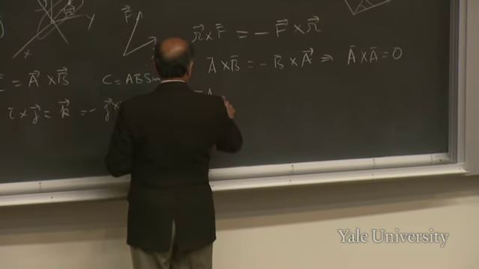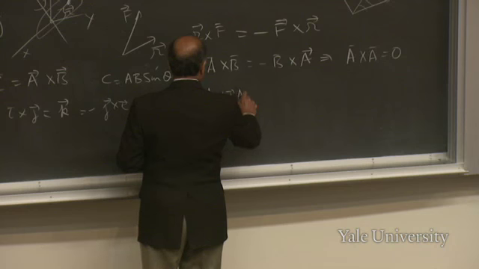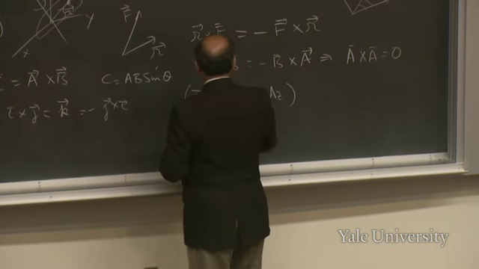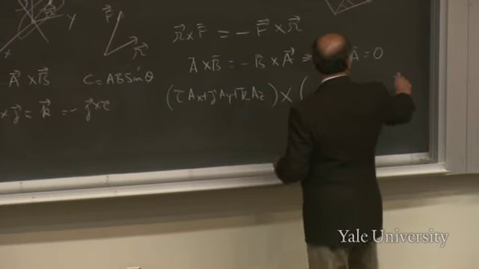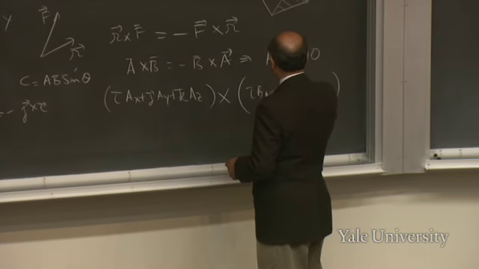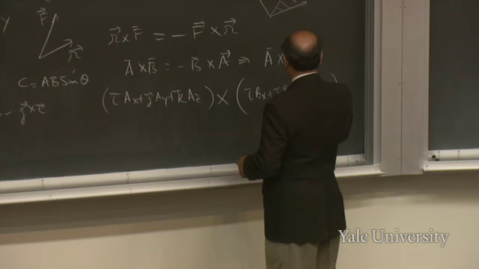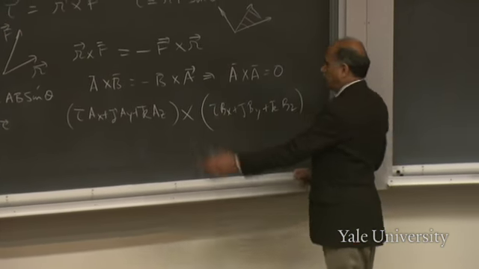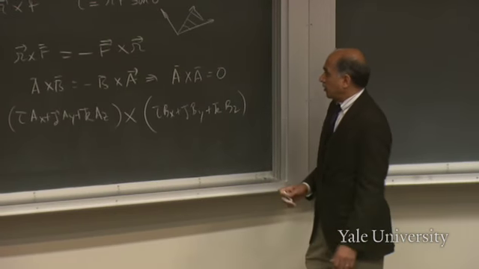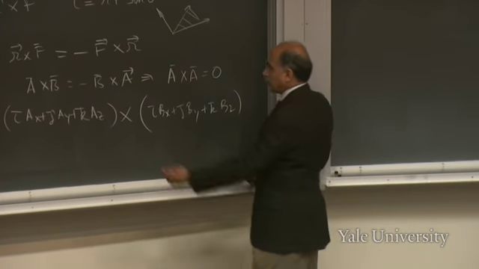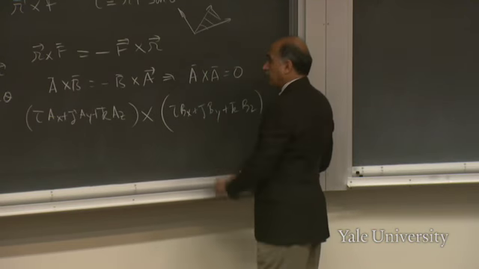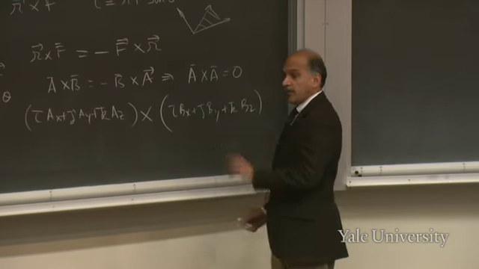If you write i times AX plus j times AY plus k times AZ, cross product with similar things for B, i times BX plus j times BY, etc., k times BZ. There are, in principle, 9 terms you can get in the cross product. 3 of them will vanish because when you take i cross i, you will get 0. When you take i cross j, you will get something. When you take j cross i, you will get minus something.